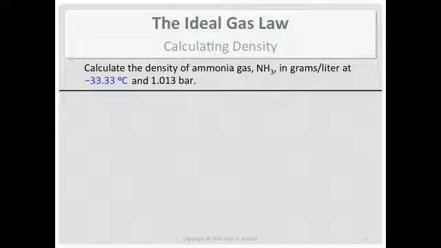Temperature in Celsius. You'll remember, what does temperature have to be in? Kelvin. We're given the pressure. I'll pull that out. And it doesn't seem like there's any other information. Well, there is some more information. You are told the chemical formula of the gas, ammonia.